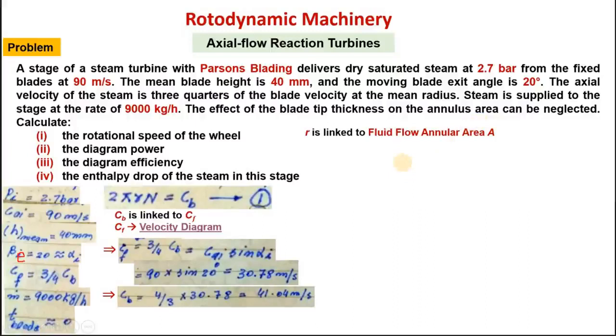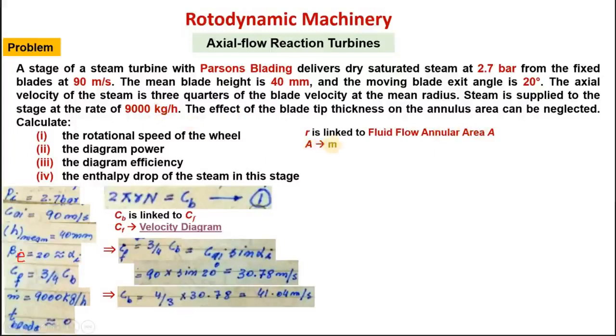So the annular area through which the fluid is flowing can be linked with mean radius R. So we will try to find this R from this area, this annular area through which fluid is flowing, and which fluid is flowing, this one, 9,000 kilograms per hour. It means we can link this annular area with mass flow of 9,000.